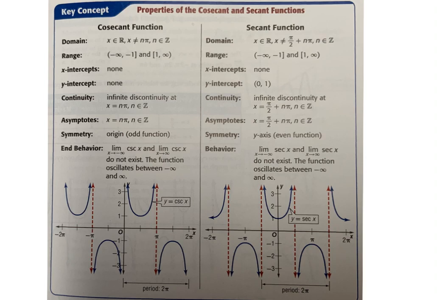So it's going to have the same restrictions as your cotangent, where your sine values are 0. This secant function, which is the reciprocal of your cosine, that's going to have the same restrictions as tangent, where your cosine is 0, because cosine is, again, on the bottom. But other than that, they look like little parabolas that flip-flop across the axis there. All right?